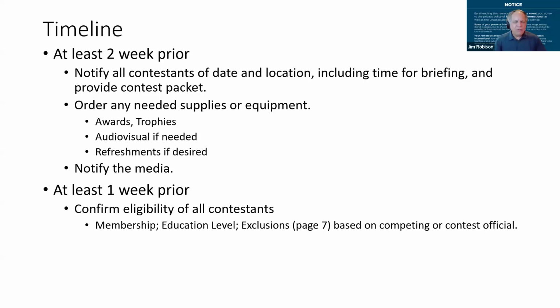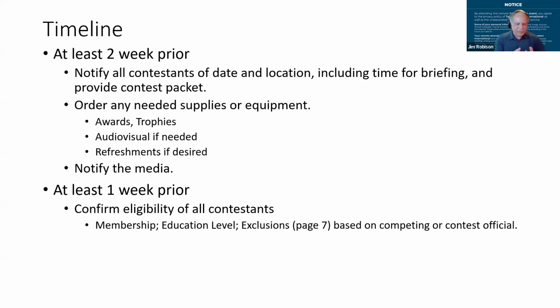And at least 1 week prior, confirm all of the eligibility. You can do this 8 weeks prior if you have all the information, but at least make certain that 1 week prior you confirm that all the contestants are eligible. That includes their membership, their educational level, and any exclusions that would exclude them.